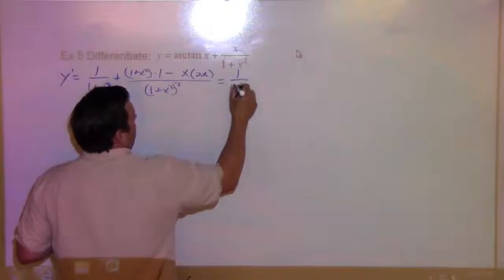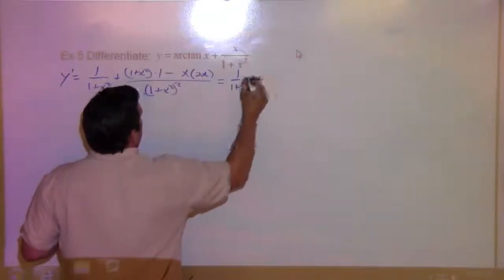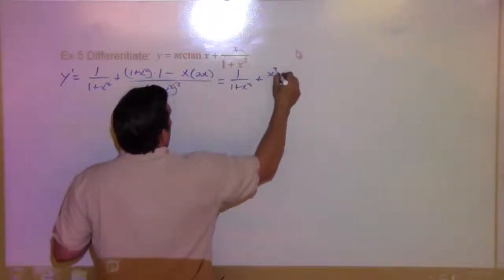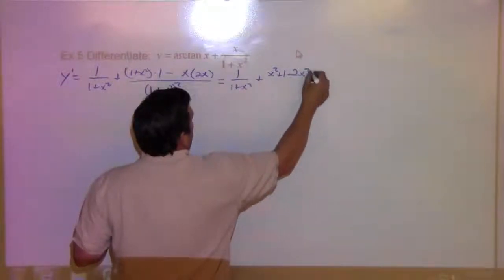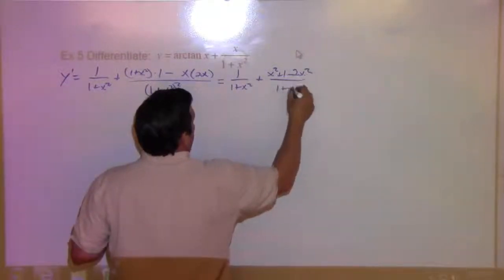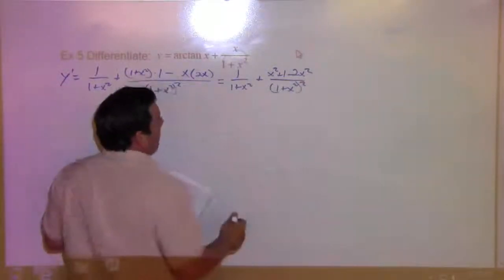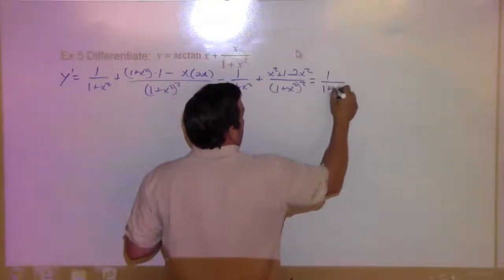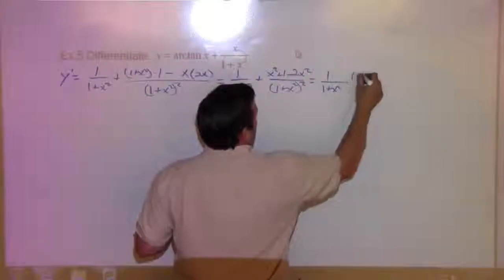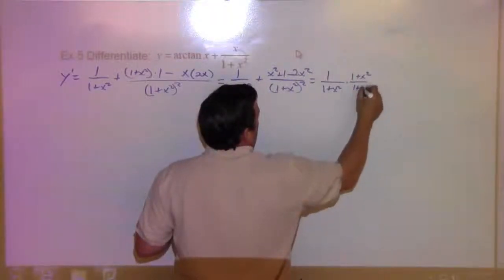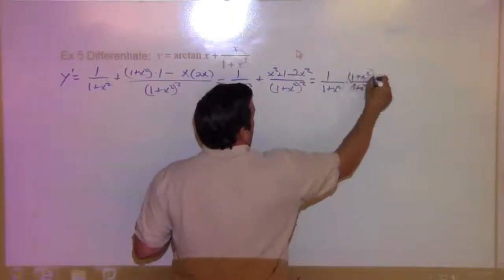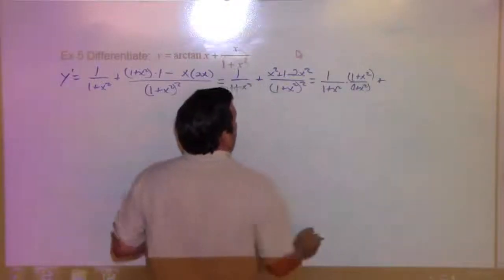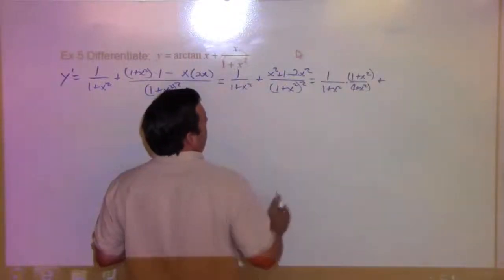So 1 over 1 plus x squared plus x squared plus 1 minus 2x squared over 1 plus x squared squared. I'm going to have a common denominator here.